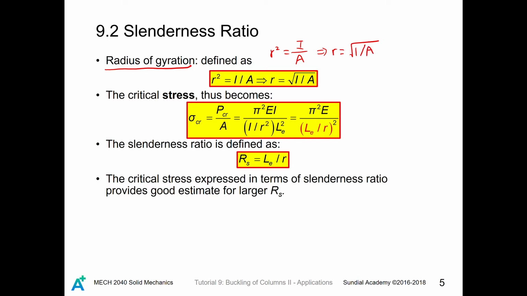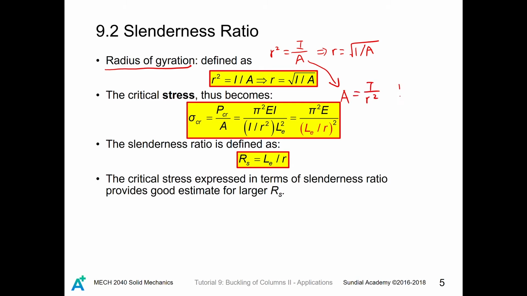For the critical stress, we know that for each material there is some critical stress, right? Exceeding that critical stress, there could be some damage on the material. So the critical stress, sigma critical, equals the critical load divided by A. The area of the cross section, A, equals I divided by r squared.